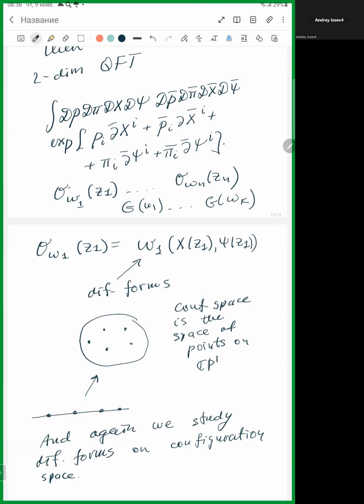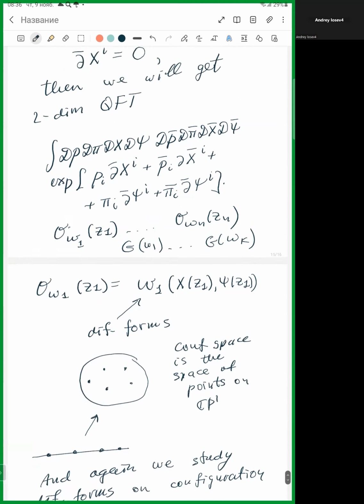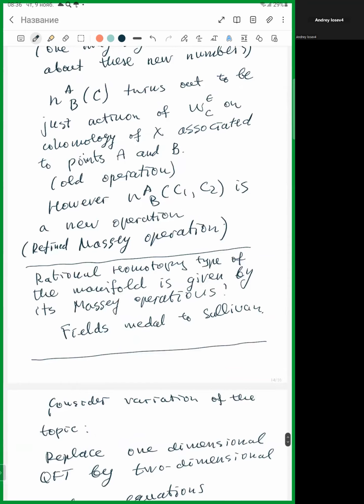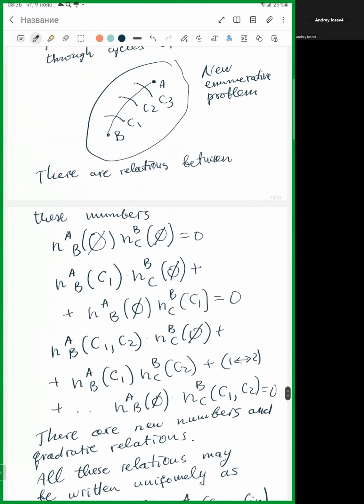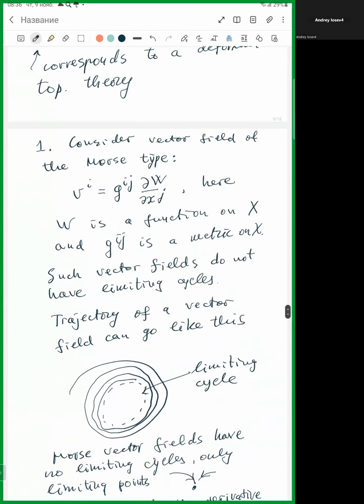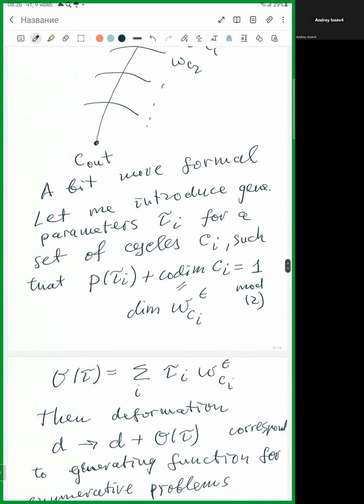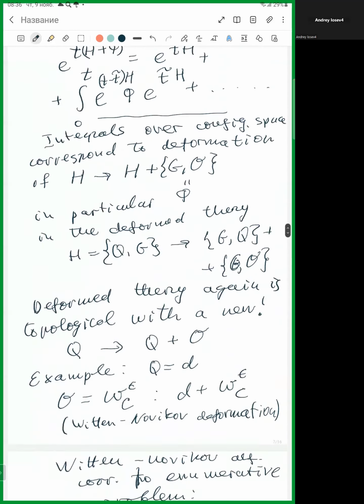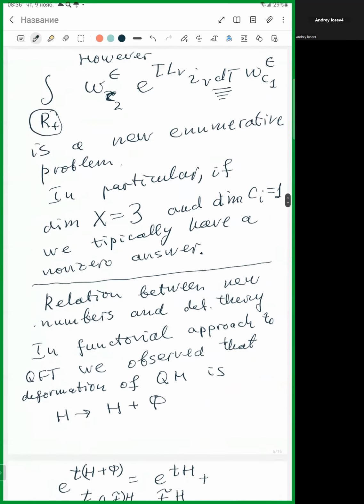I just want to say that this two-dimensional construction is a two-dimensional analog of the construction that I explained. It was in the very, very beginning.